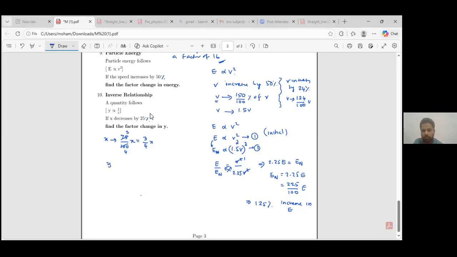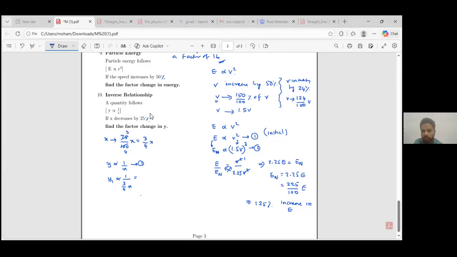So earlier y is proportional to 1 over x. So if you have x, then it's y, right? Now the new value of y is for the new value of x. Now x becomes 3/4 of x. So when you have 1 over 3/4 of x, in this case you're just flipping the fraction.